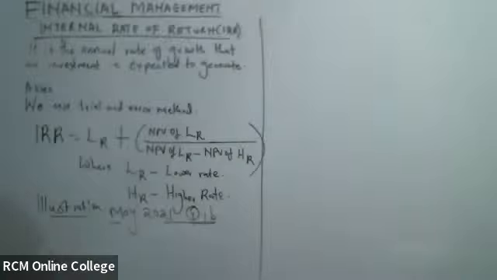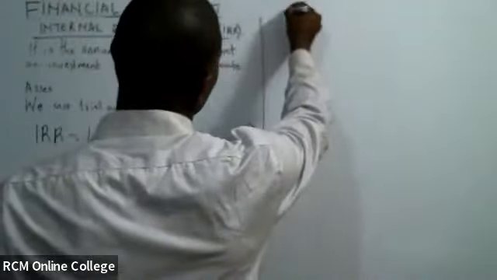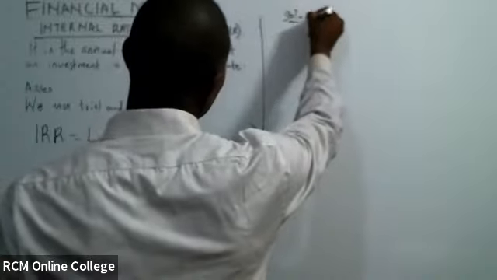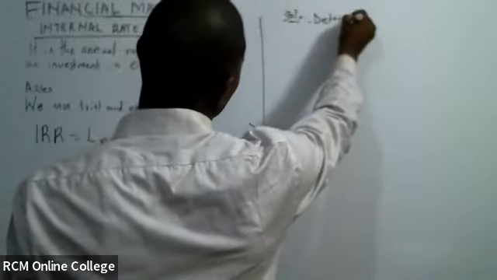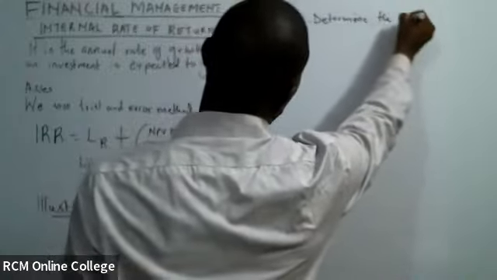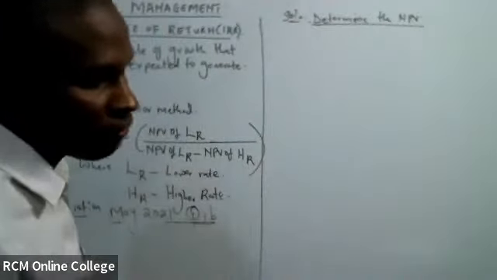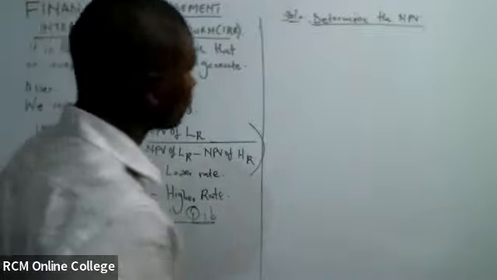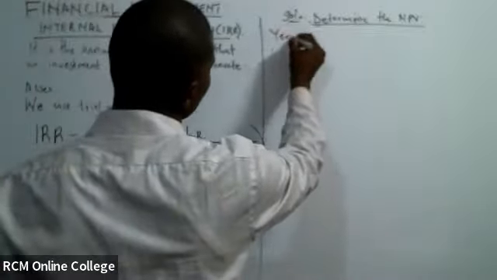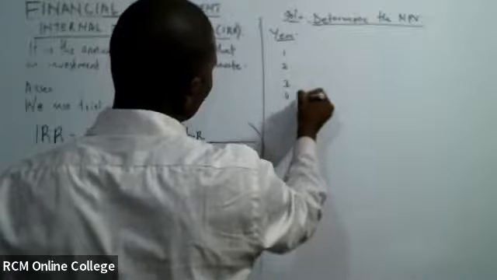Okay. So we want to advise the management. So the first step is to determine the NPV, the net present value. So let's move with it very fast. We have 4 years here: Year 1, 2, 3, 4.